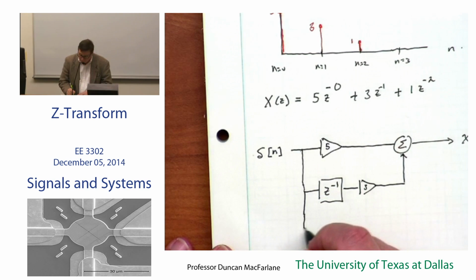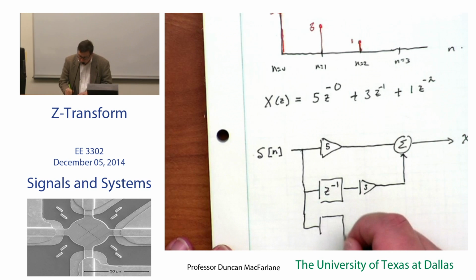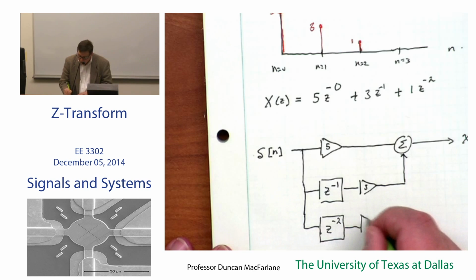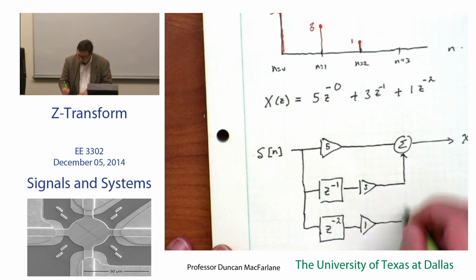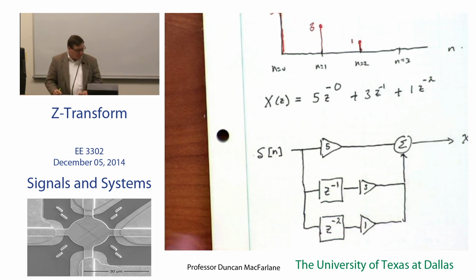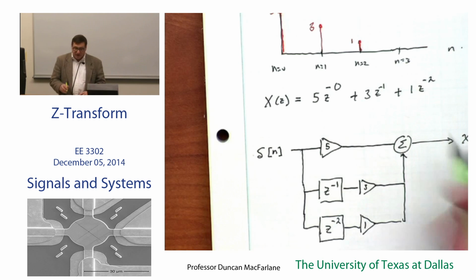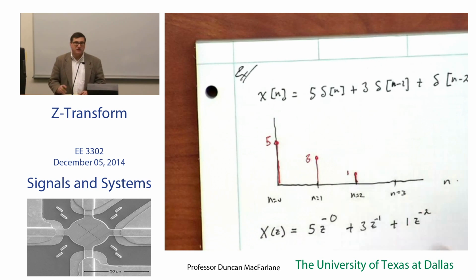So I'll take this and I'll go through 2 blocks, scale it by 1, and come up this way. So this path will delay it by 0, this path will delay it by 1, this path will delay it by 2. And that's one block diagram that will generate this signal.